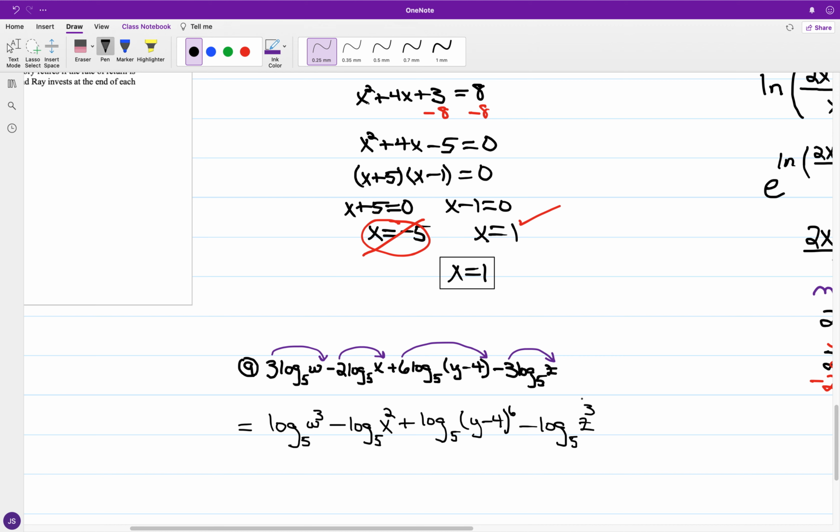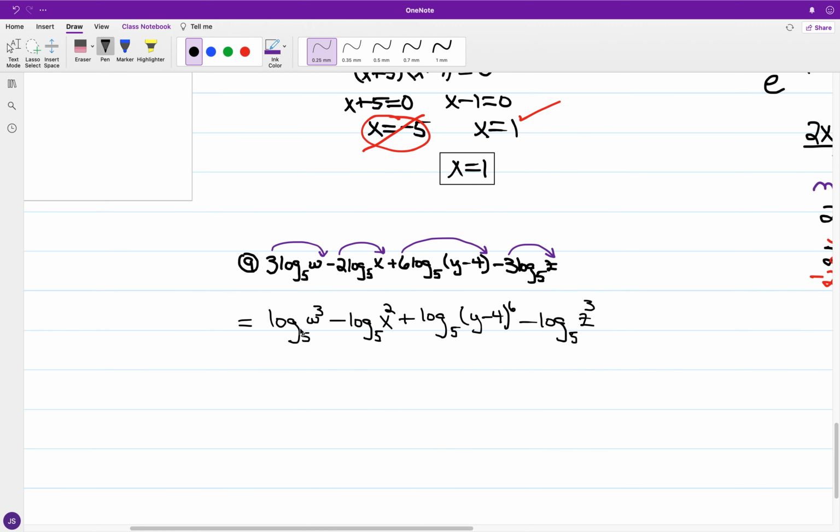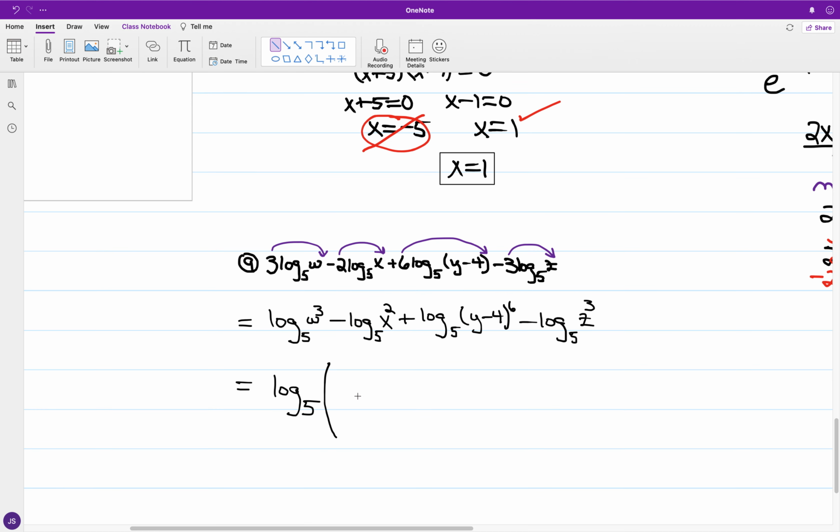Any leading coefficients that I had, I have converted to exponents. And so we have terms separated by addition and subtraction. So looking at combining the arguments and thus forming a single base 5 logarithmic term.